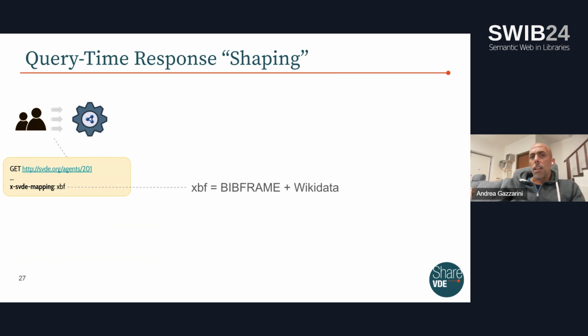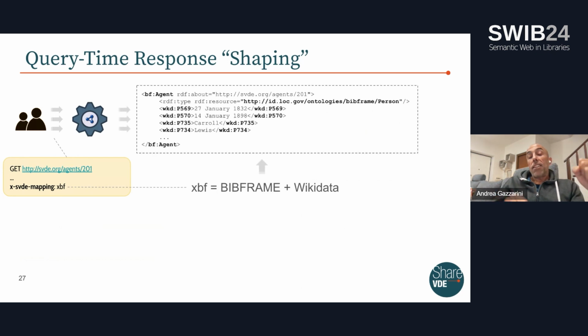So the same agent, the same request, basically /agent/201 with a different HTTP header that says, give me the representation of agents 201 using the XBF mapping. Okay. And so the RDF API would return something like this.